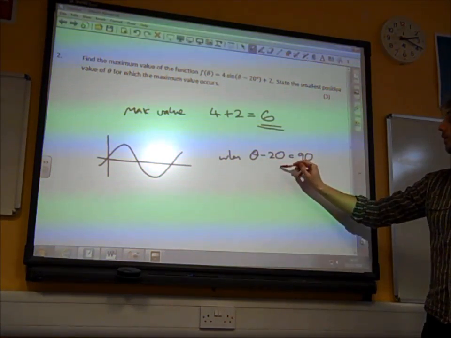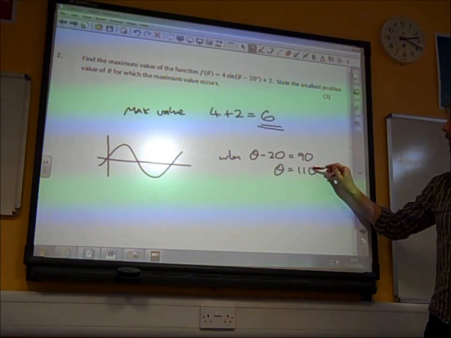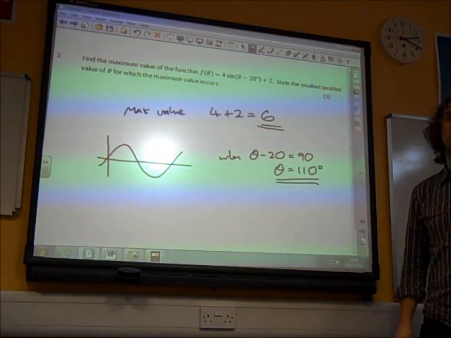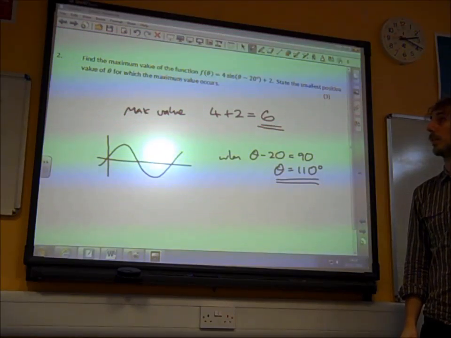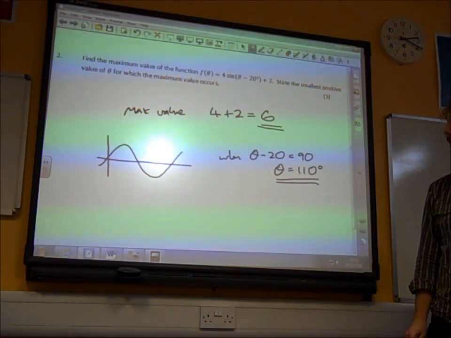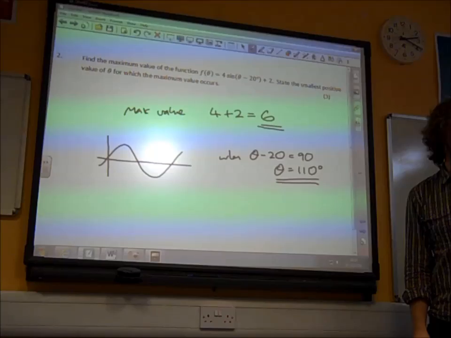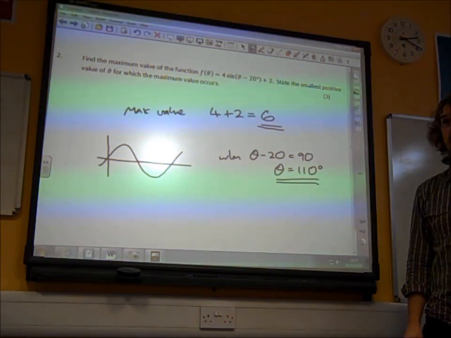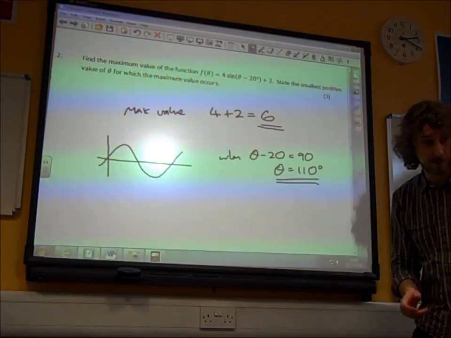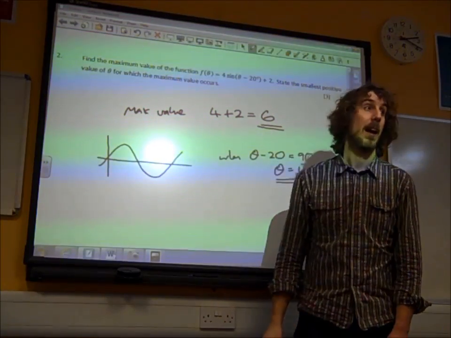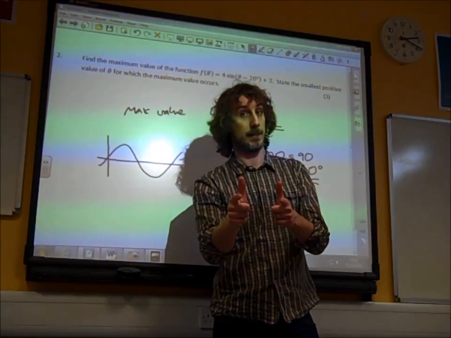And that would be when theta is 110 degrees. And so that was the answer to the smallest positive value of theta for which the maximum value occurs. And there's your 3 marks. And that's maths.